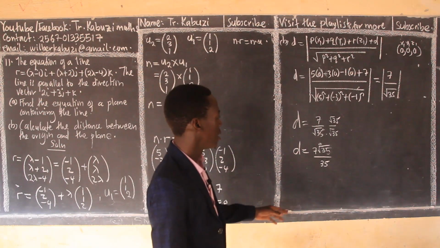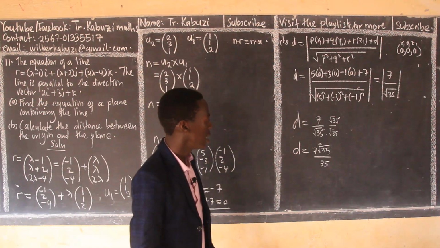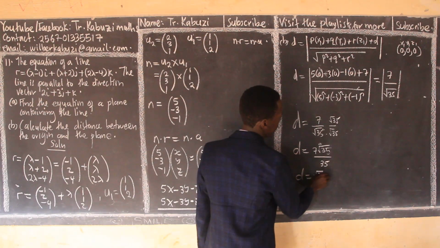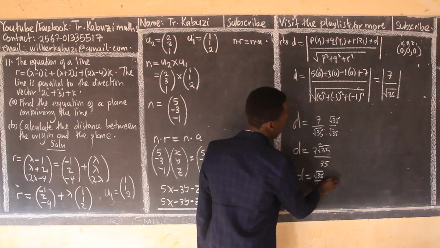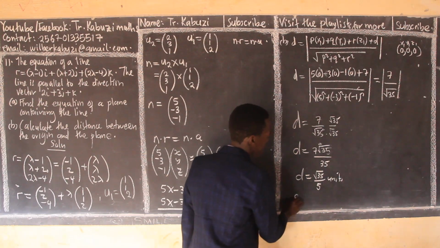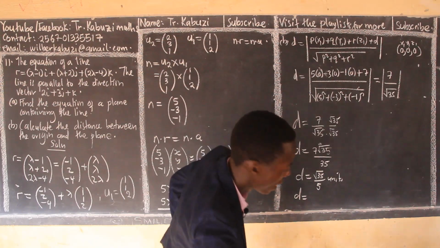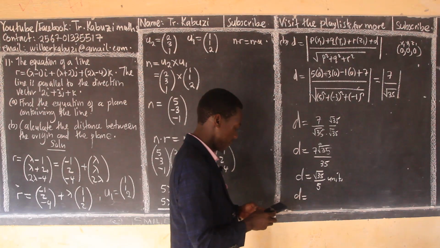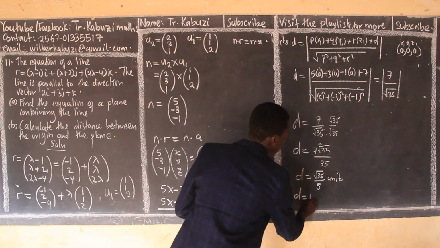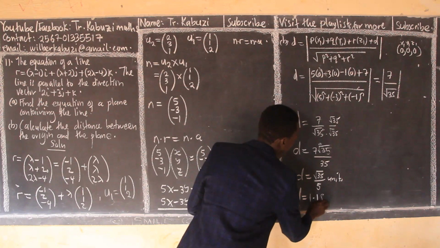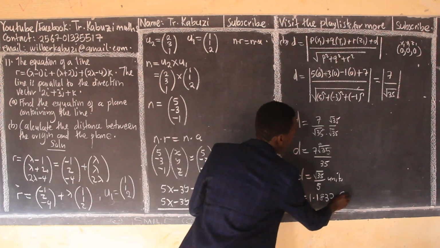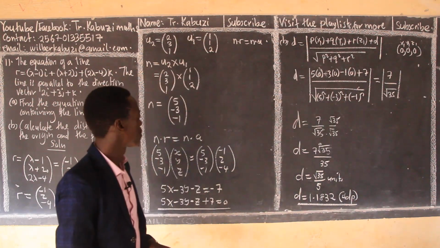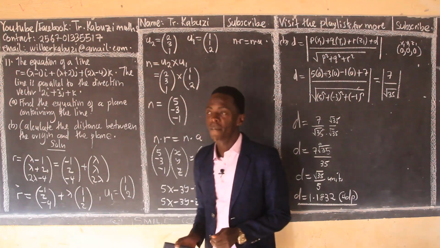You see 35 goes in there, so my D becomes root 35 over 5 units, which you can give to 4 decimal places. Root 35 over 5 gives 1.1832, to 4 decimal places. That's how we handle that number for vectors.